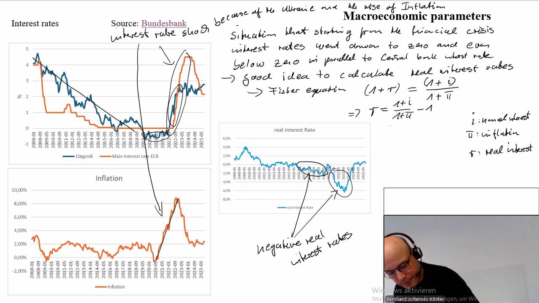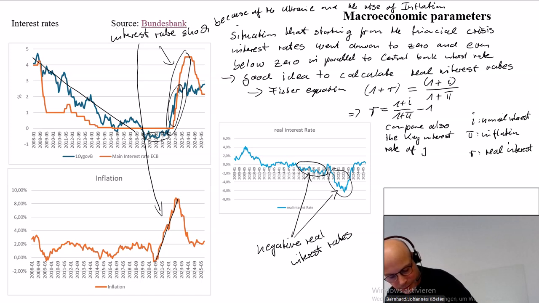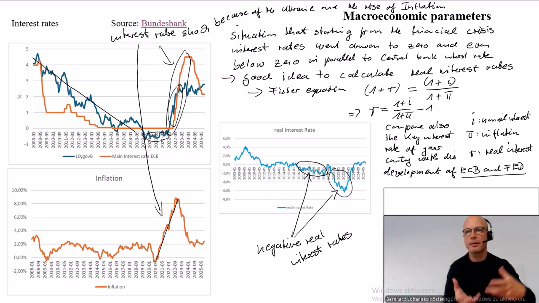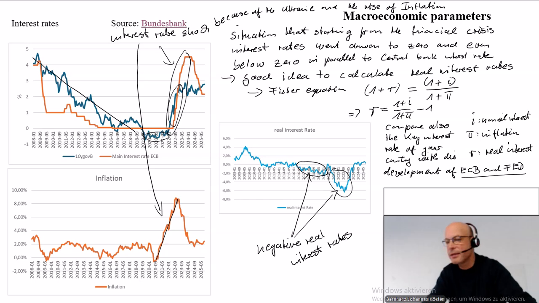Compare also the key interest rate of your country with the development of the ECB and the Fed, because these are, of course, the two most important central banks in the world.